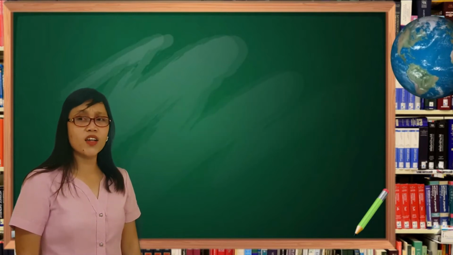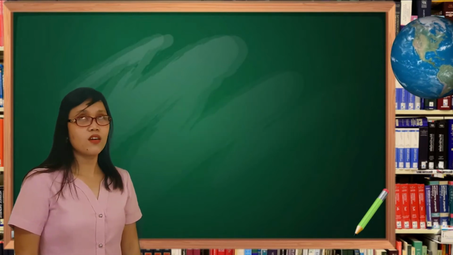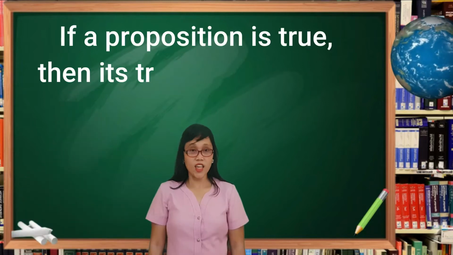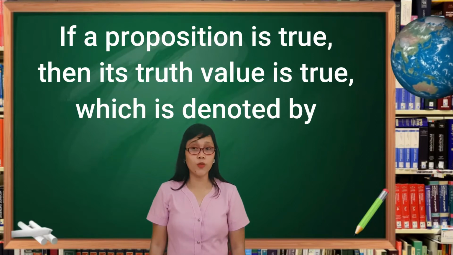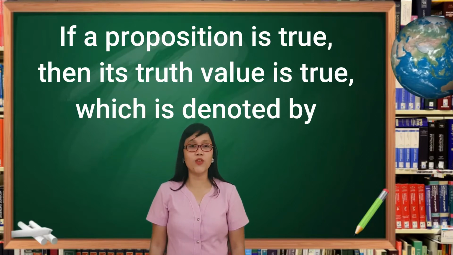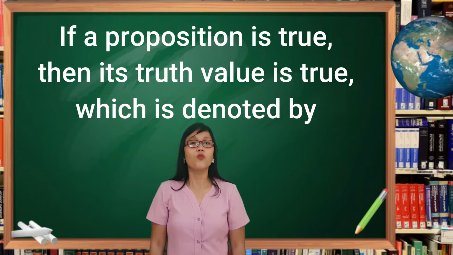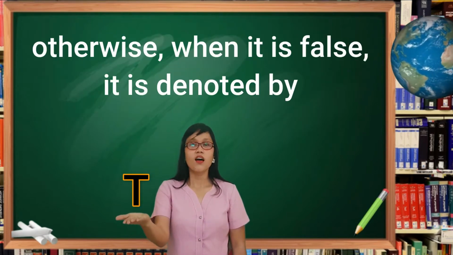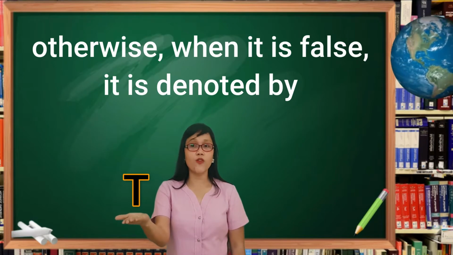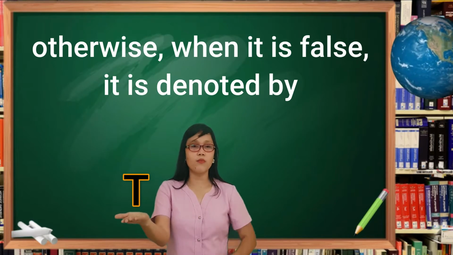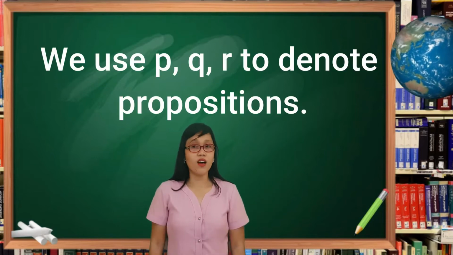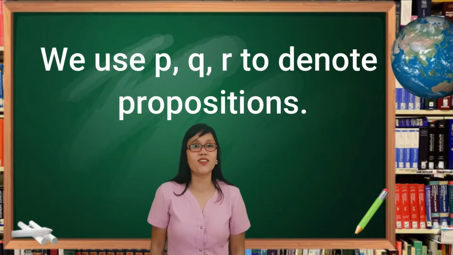The most common variables used are P, Q, and R. If a proposition is true, then its truth value is true, which is denoted by the letter T. Otherwise, when it is false, it is denoted by F. We use P, Q, R to denote propositions.